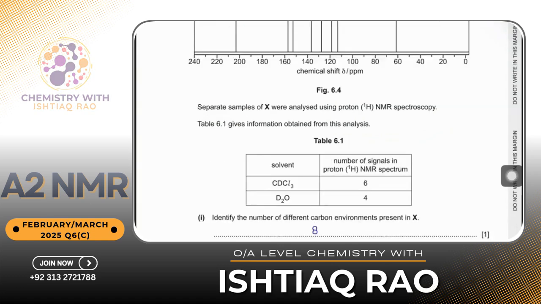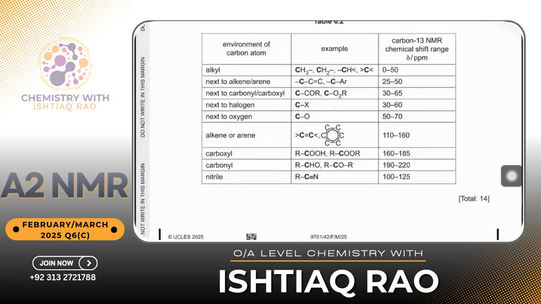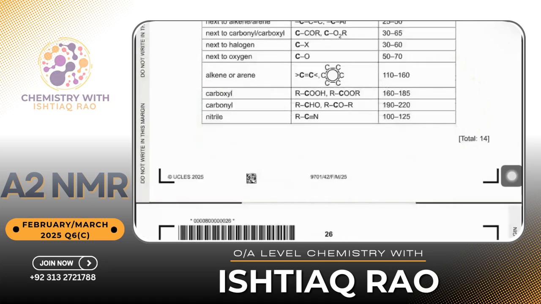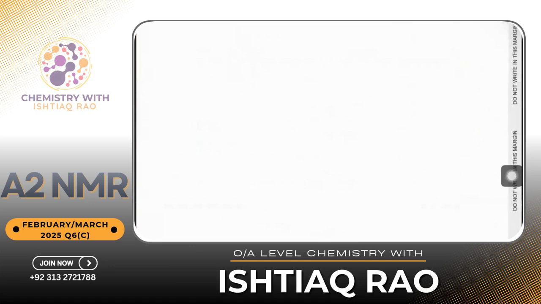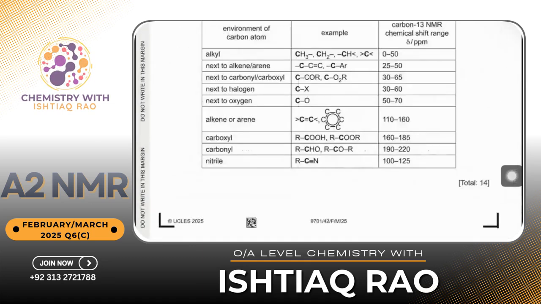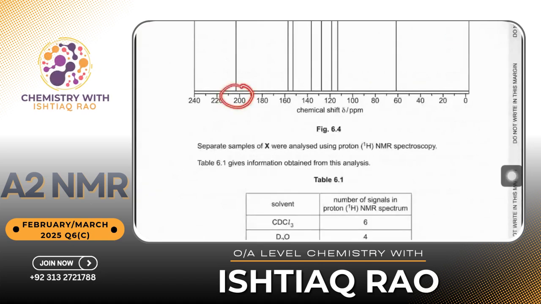See this, this is the carbon-13 NMR ranges table. What was the peak? It's around 205, right?